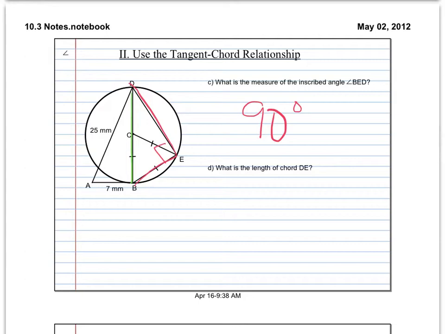Last part is to find the length of the line from D to E. So this line right here. We know that B to E is 12 millimeters from the question before, and we know that D to B is the diameter, and that's 24. So again, we're looking at Pythagoras.